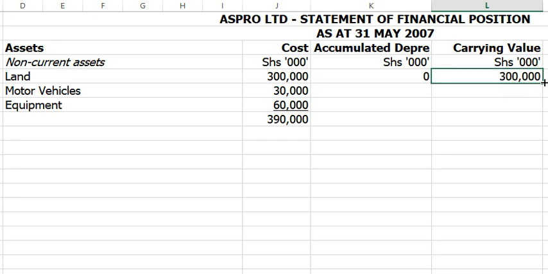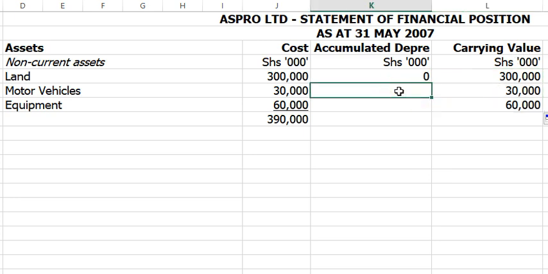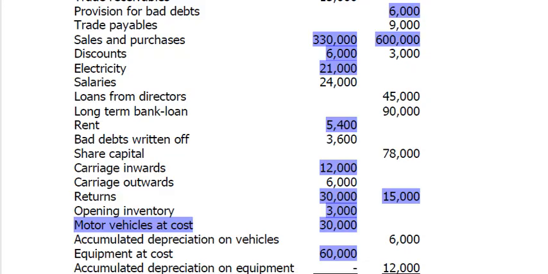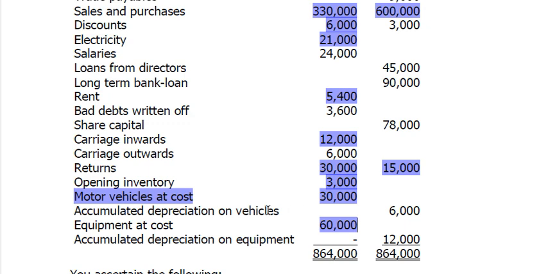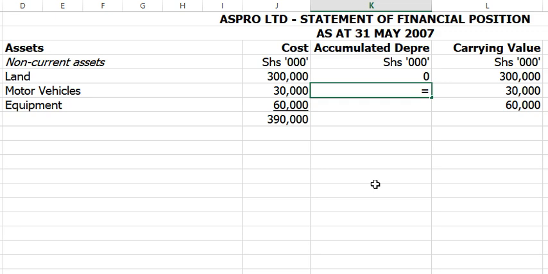Carrying value is the same as net book value, don't forget, though here I've decided to use the term carrying value. The motor vehicles have a depreciation. When it comes to the accumulated depreciation of the motor vehicles, first get the accumulated depreciation from the trial balance, the balance brought down as at the start of the year. That is 6,000.